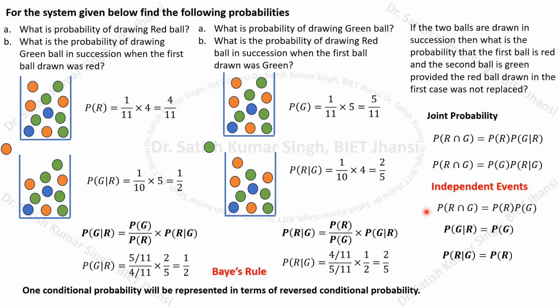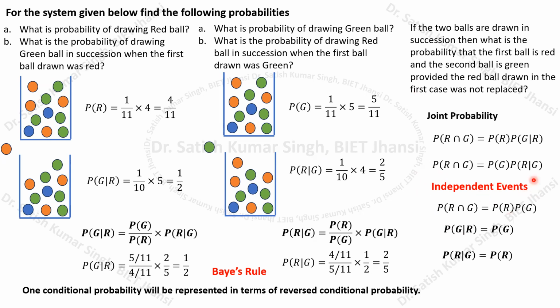And therefore, if we want to calculate the joint probability of getting red in succession with the green ball, that will be the probability of drawing the red ball independently multiplied with the probability of drawing green ball independently. So such a system in which this joint probability is actually defined by the independent probabilities, the multiplication of the independent probabilities, is normally known as independent events.